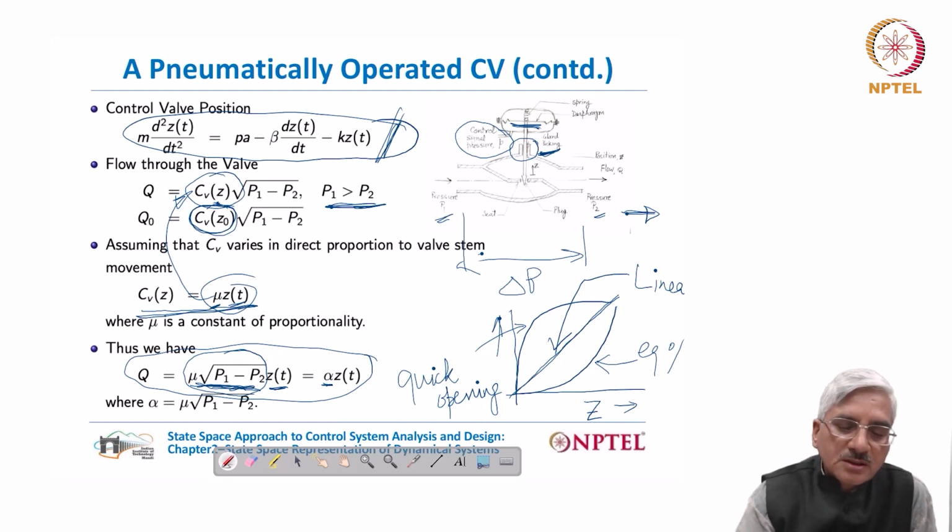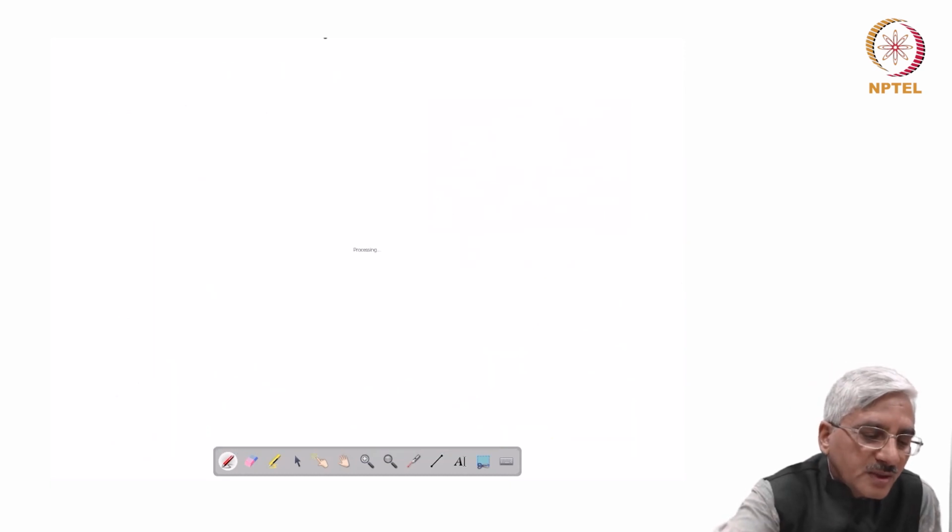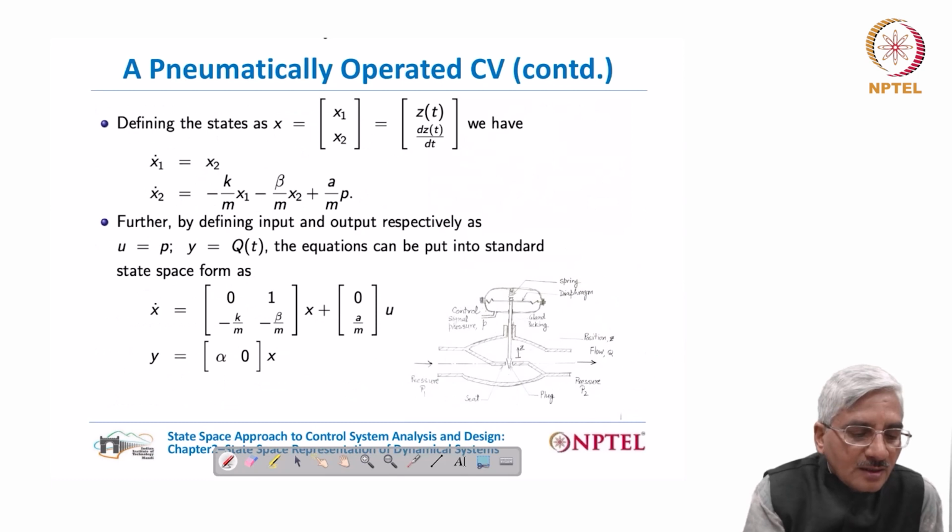So what we do is the valve position Z and the valve speed dz by dt we identify as the two state variables. We have done it here that x1 is the valve position z, x2 is the valve speed dz by dt.